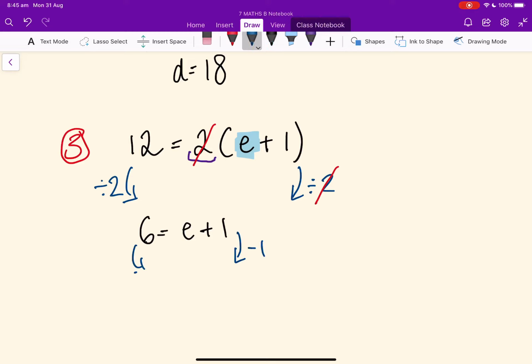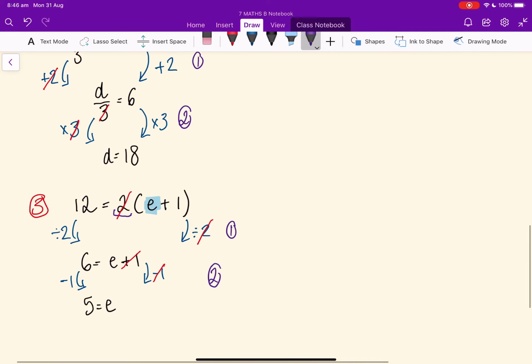So we're going to take away 1 from both sides. Okay, that means I can cross it off here. 6, take away 1 gives me 5. And this is what e equals. And there's your answer, okay? 1 step, 2 step. Okay, these are 2-step equations. I hope that makes sense.